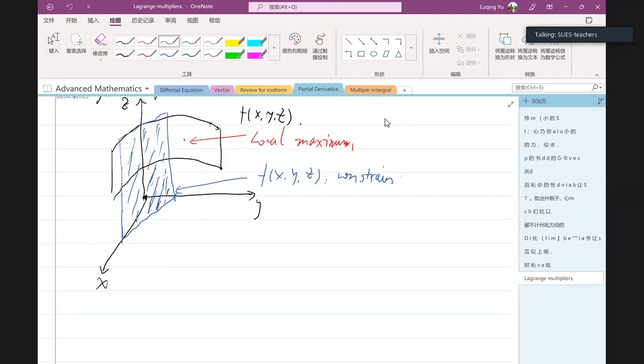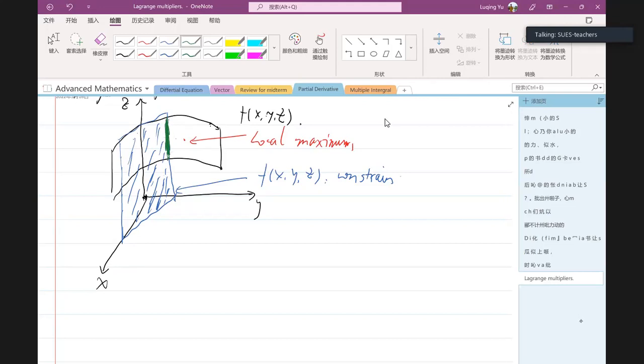Let's see. Suppose the plane and the paraboloid intersect at this green line. We have to find the local maximum on this green line.